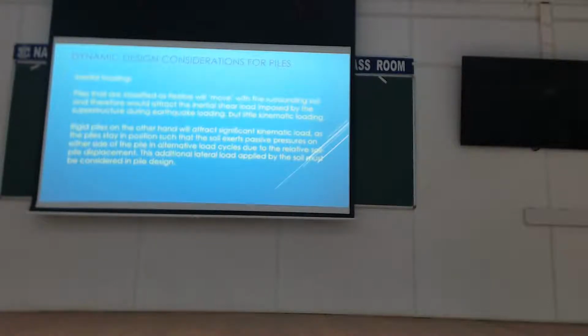Why? Because your pile is going to stay where it is. The whole soil wants to move with the earthquake, and you are hitting the pile constantly. So your kinematic loads increase enormously because of the passive pressures. And these kinematic loads then have to be added on as lateral load in carrying out your pile design.